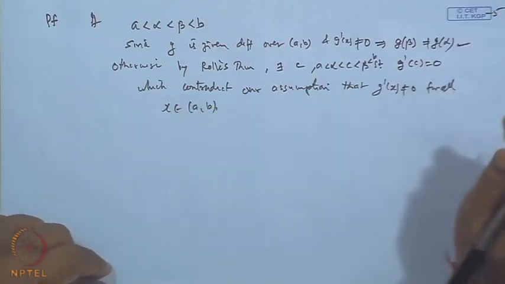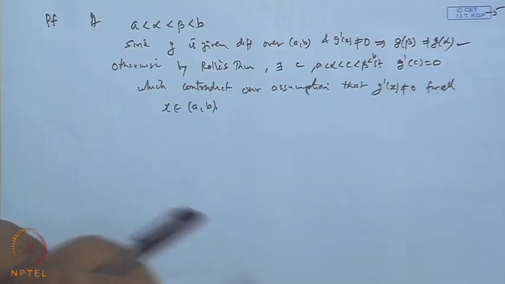So, this result is always true: g beta is not equal to g alpha.